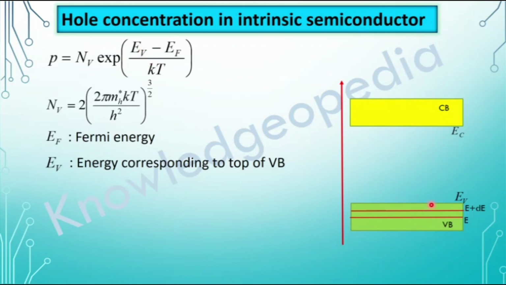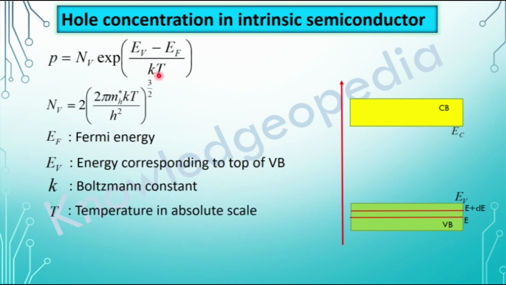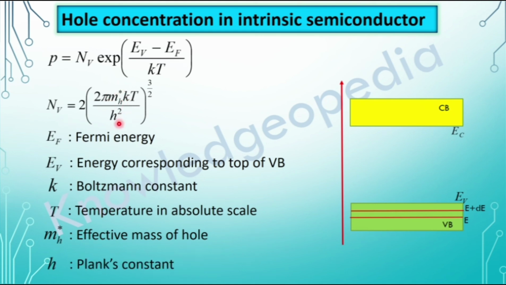Here in this figure, this is Ev. Then k is the Boltzmann constant, T is our absolute temperature, mh star is the effective mass of hole, and h is our Planck's constant. So if we know all these values, then we can calculate the hole concentration at a given temperature.